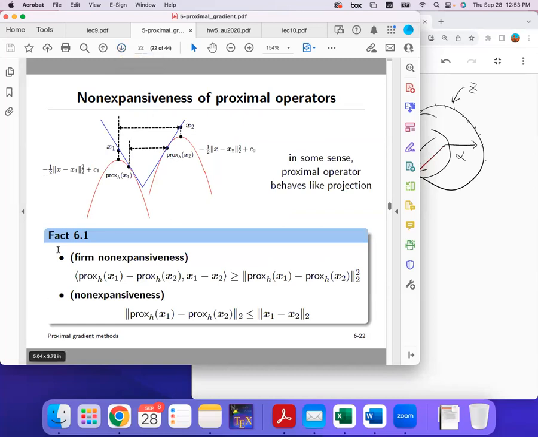In fact, we can show the following two properties. The second one is the one that generalizes the previous property. It says that the proximal mapping is also non-expansive whenever h is a convex function. As long as this is a convex function, then this mapping is also non-expansive.